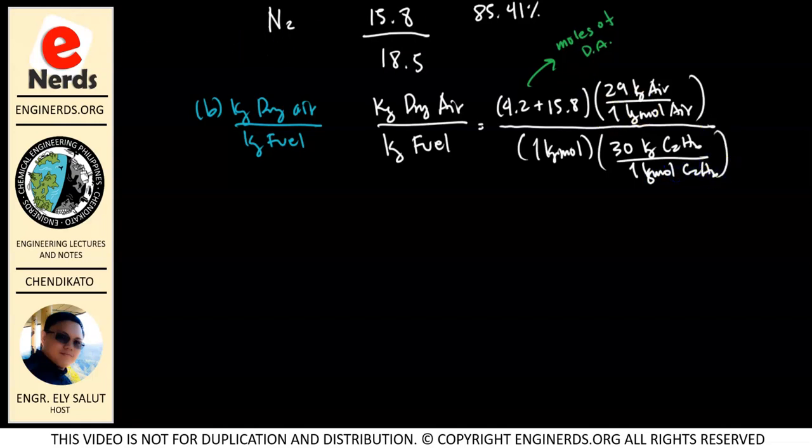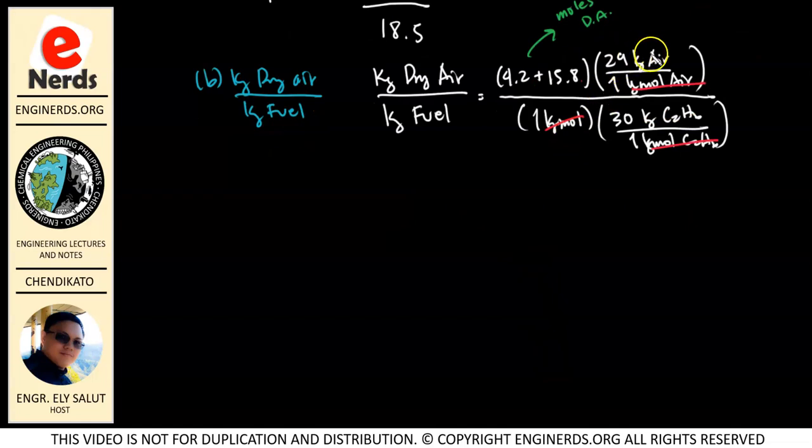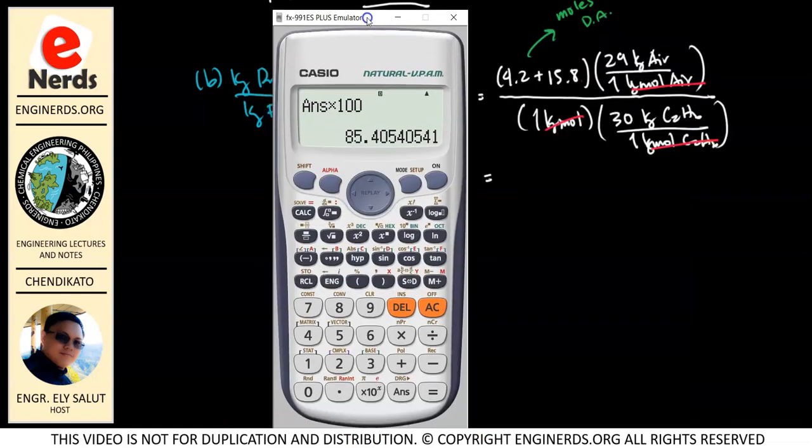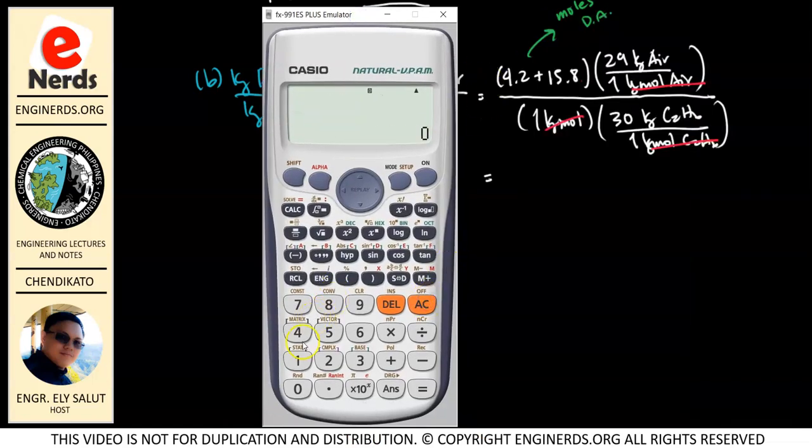Okay, so this will be cancelled out, our kilogram mole, and also in here this will be cancelled out. So what will be left in our equation is kilogram air over kilogram of C2H6, which is our fuel. Okay, so let us calculate that using our calculator. So we have 4.2 plus 15.8.